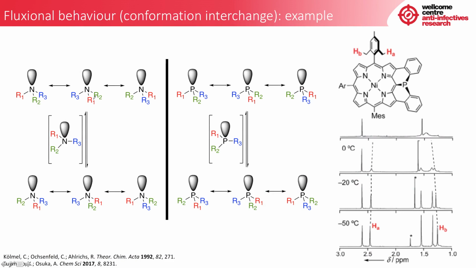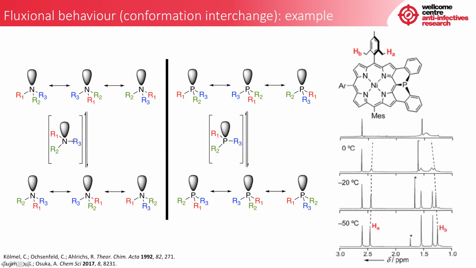So the only way to interconvert these two states is to push through a pyramidal transition inversion, so you end up at this more linear transition state, which is higher in energy and therefore slower. Nevertheless, in the case of amines, it happens pretty fast. So where tri-substituted amines in principle could be chiral, actually they interconvert too quickly.